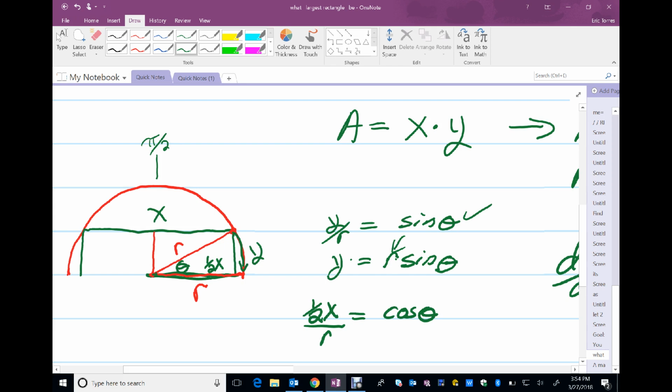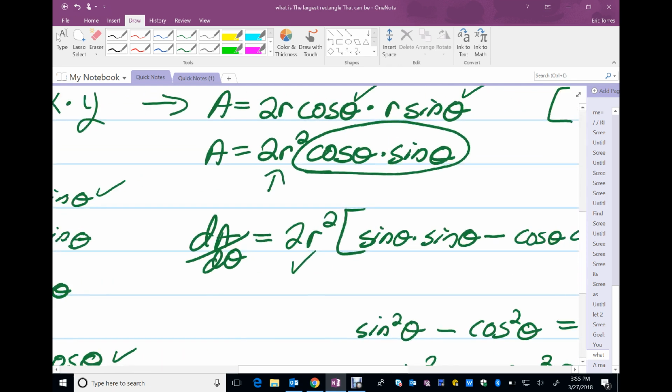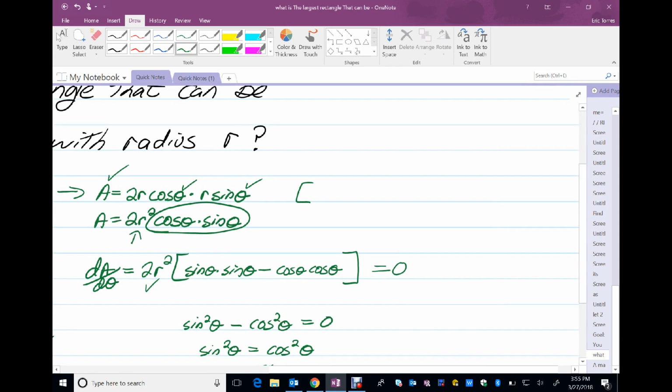So the lowest theta can be is 0. And as theta gets bigger and bigger, when it gets to pi over 2, y becomes closer to the radius and x disappears. So the domain is 0 to pi over 2. Now clearly, the area at both of those is 0.